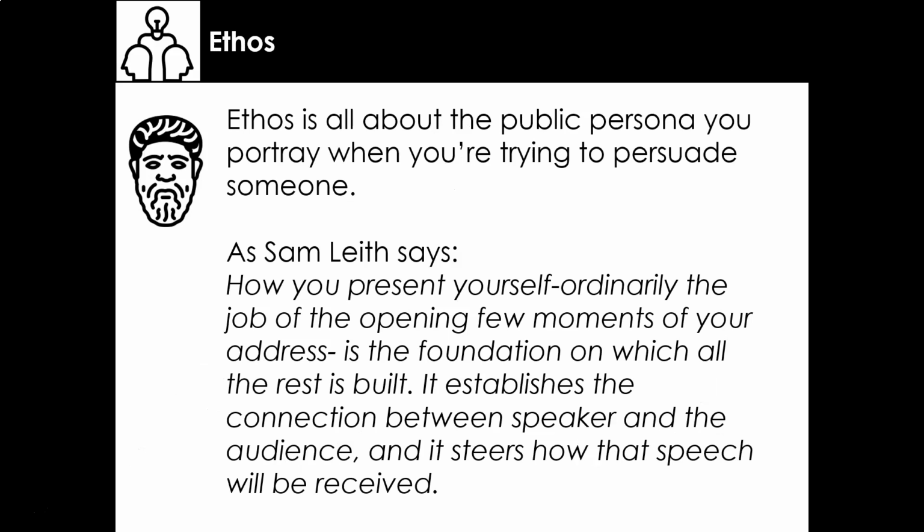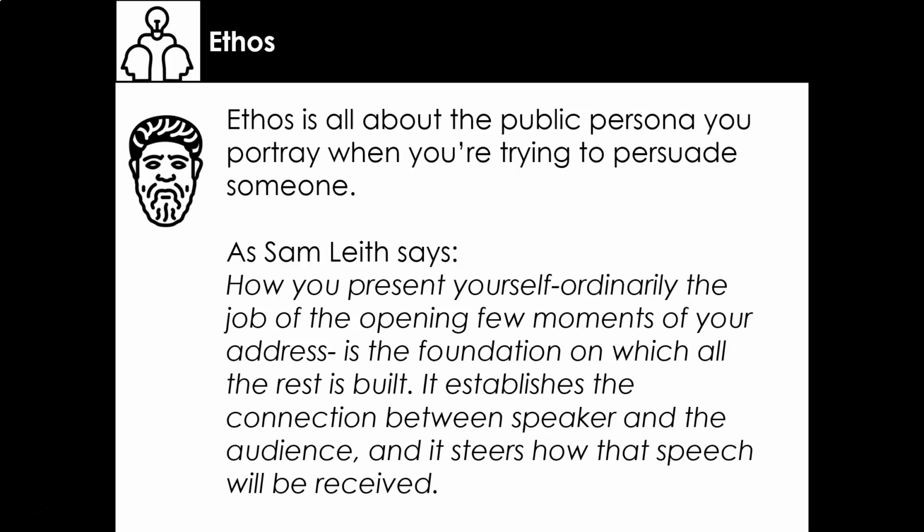Brilliant. So we're going to learn about ethos. Remember, ethos was about credibility and trust. So when you're trying to persuade somebody, we need to think about, well, who do we want to present ourselves as to that person? What is the public persona that we're going to convey that says that we are a credible and trustworthy person that should be listened to?